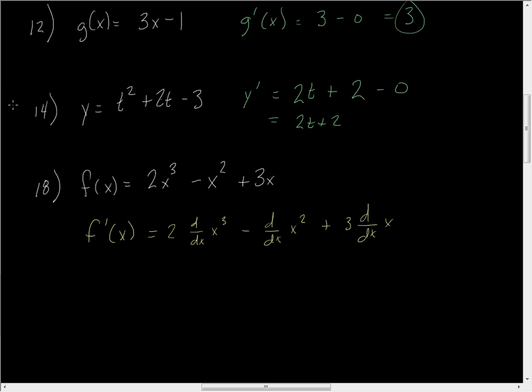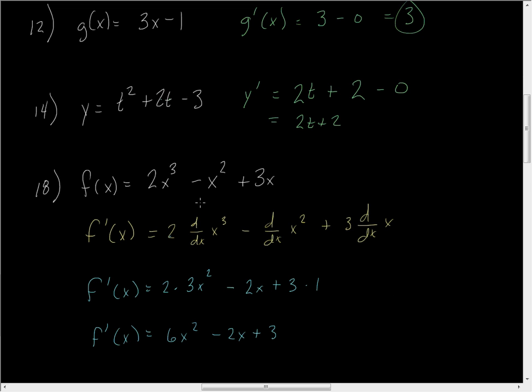So now f prime of x is equal to 2 times, bring down the 3, subtract 1 off, minus the derivative of x squared, which is 2x, plus 3 times the derivative of x, which is 1. So now f prime of x is equal to 6x squared minus 2x plus 3.